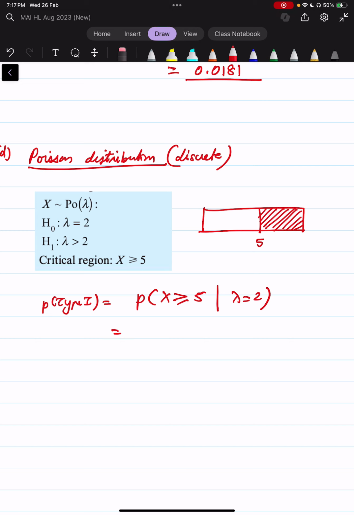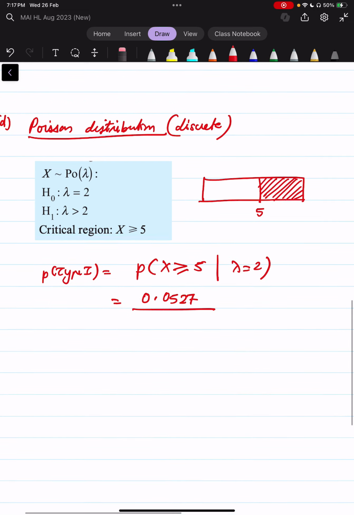That's it. So you put it in the calculator: distribution, Poisson distribution, PCD, lower 5, upper 10 to the power 10, lambda is 2. So you get 0.0527.